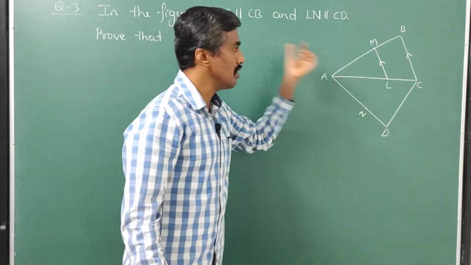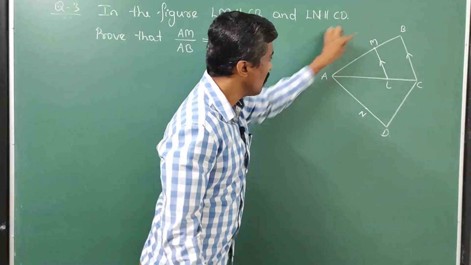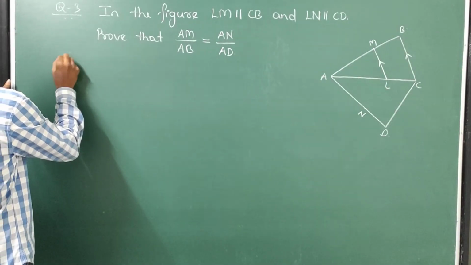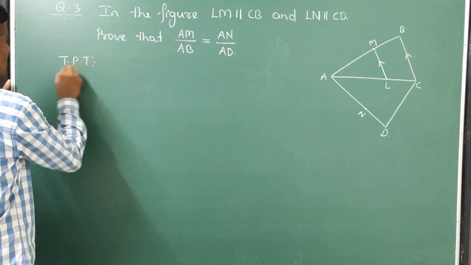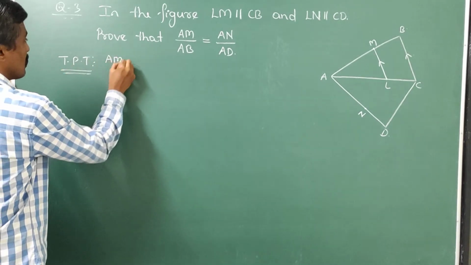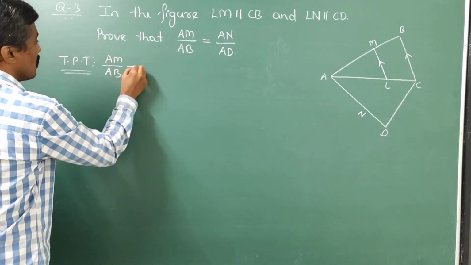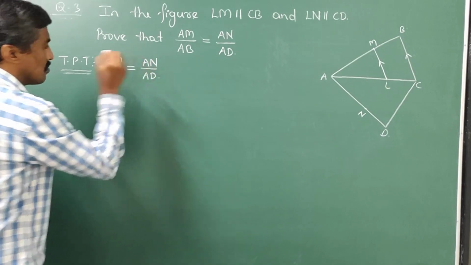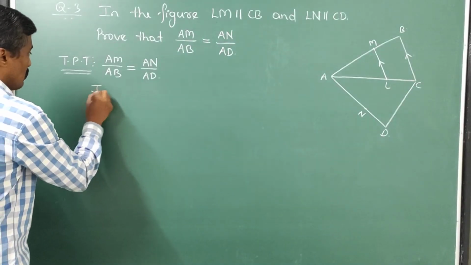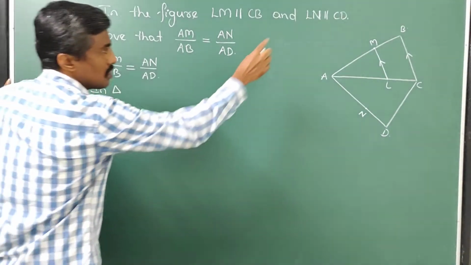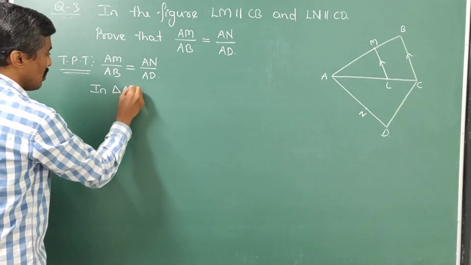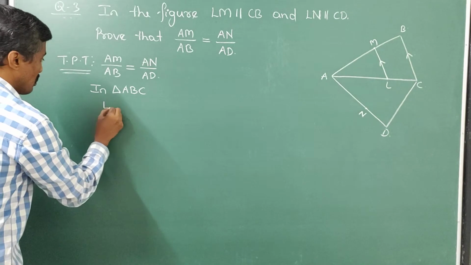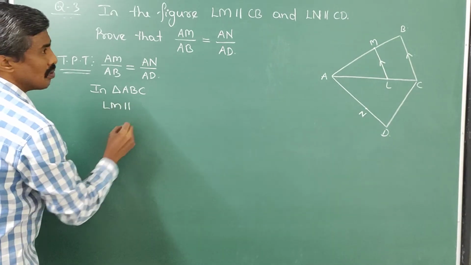Now I will apply the Thales theorem in triangle ABC. We have to prove that AM by AB is equal to AN divided by AD. In triangle ABC, LM is parallel to BC.